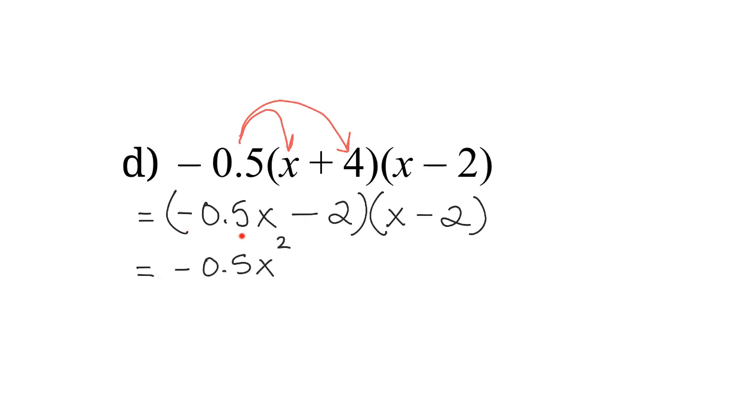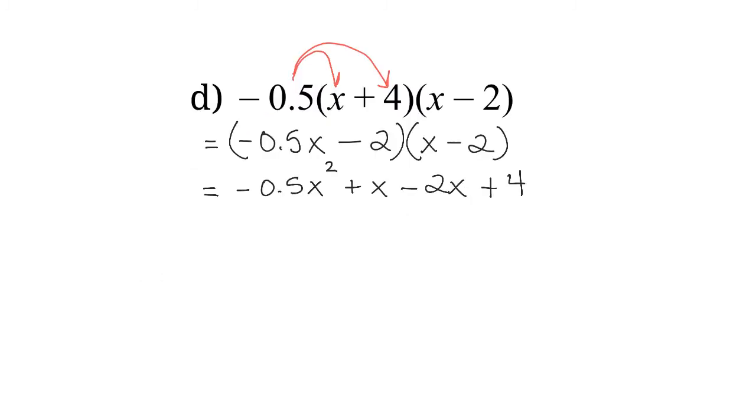And then I have a negative 0.5x multiplied by negative 2, and that's going to leave me with a positive 1x. And then I have negative 2 multiplied by x, which is a negative 2x. And then I have negative 2 multiplied by negative 2, which is a positive 4.